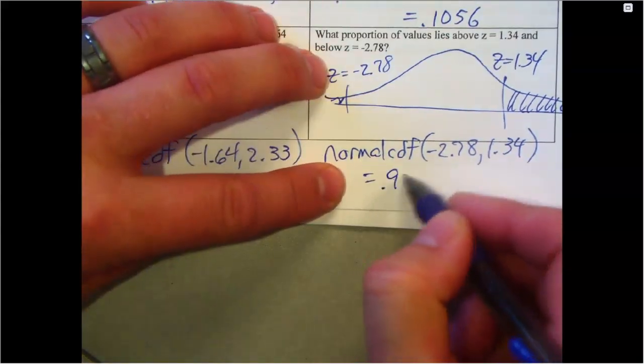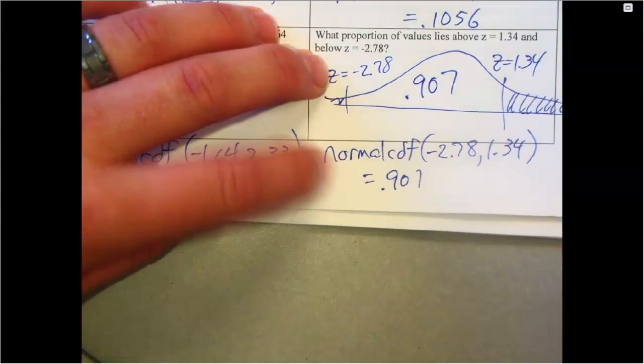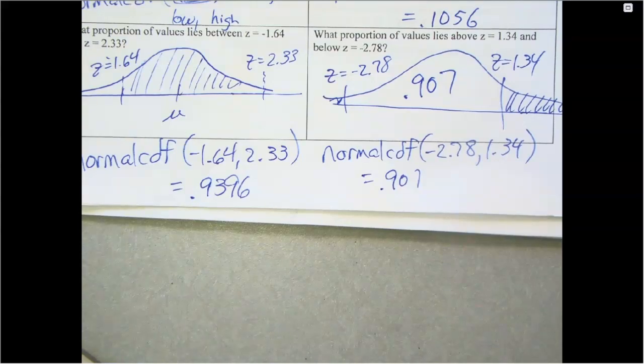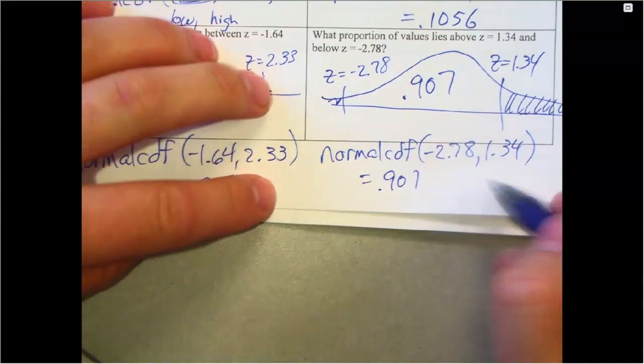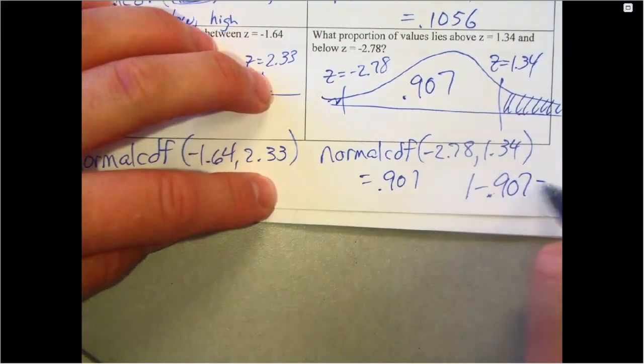I get 0.907 in the middle. So that's between those two numbers, but I'm basically asking what's not between those two numbers. So you would do 1 minus 0.907.